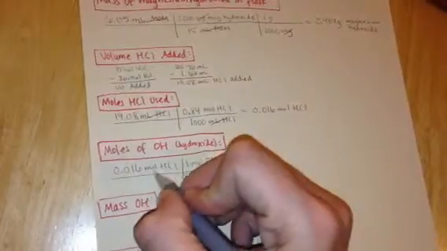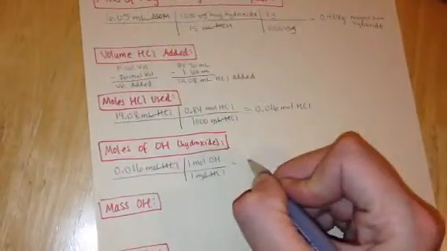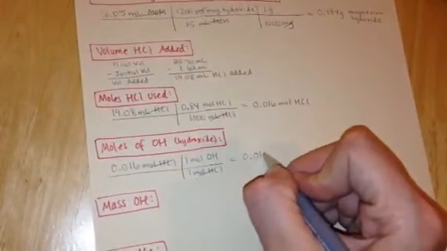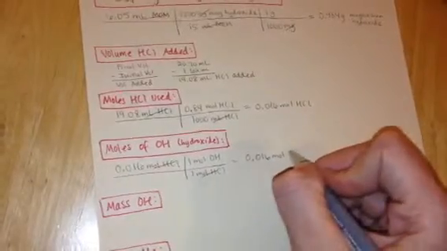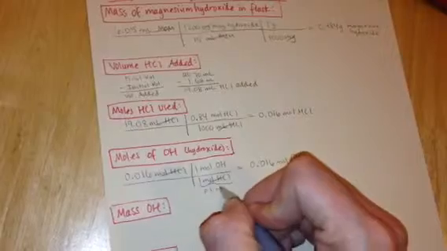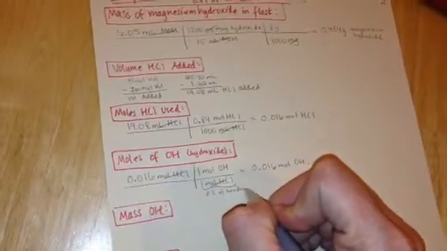It reacts in a 1-to-1 molar ratio. So really you just also have 0.016 moles of OH. This is from page 1 of the handout, this ratio. So that was pretty easy.